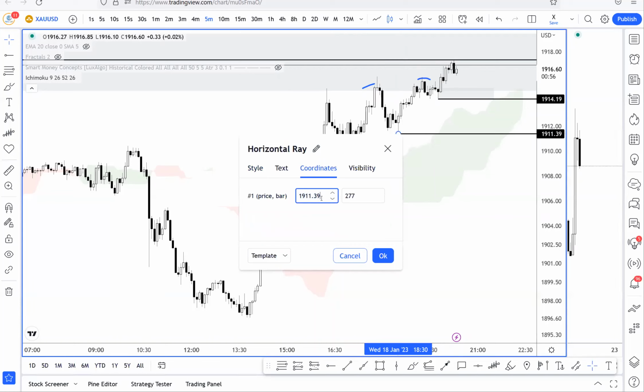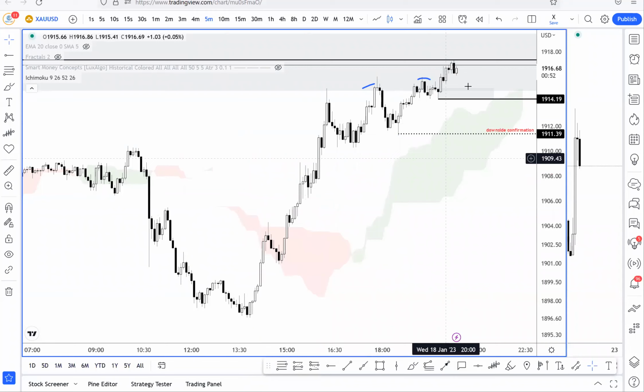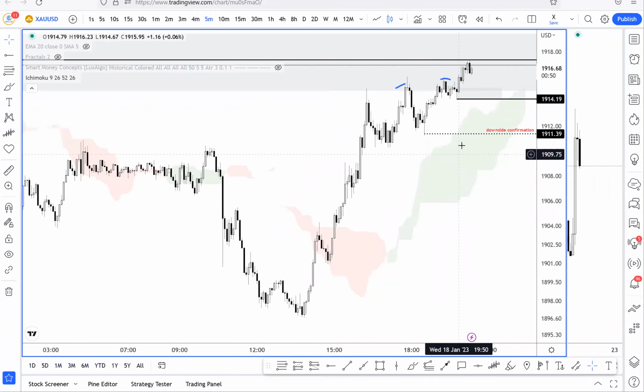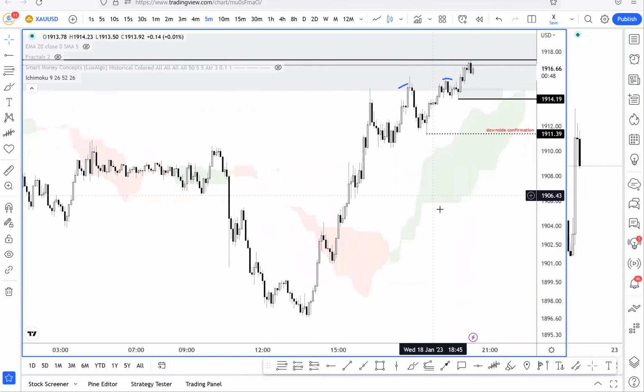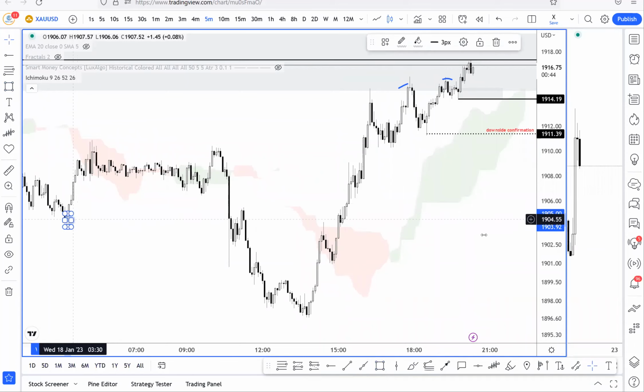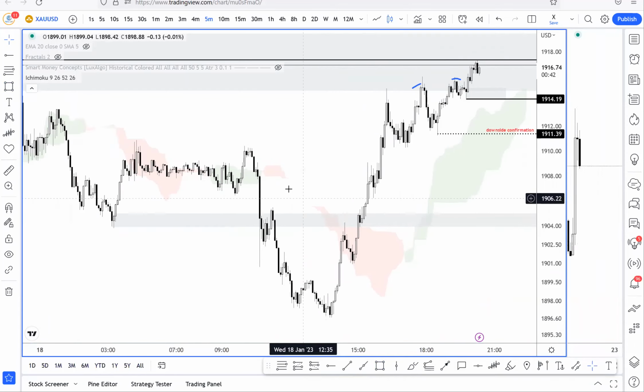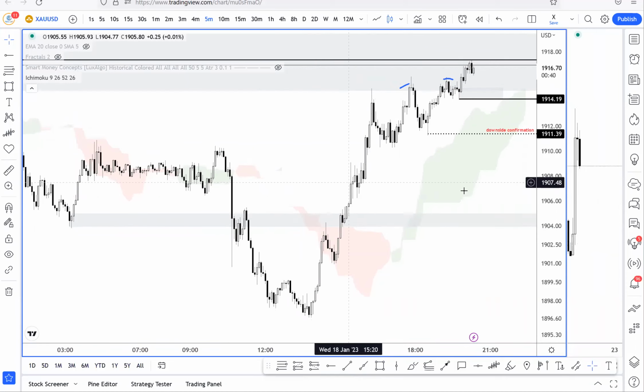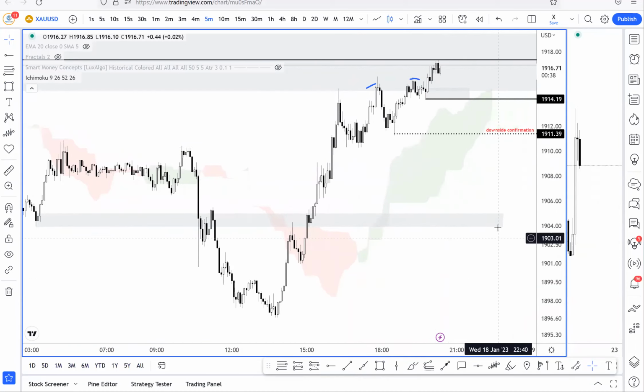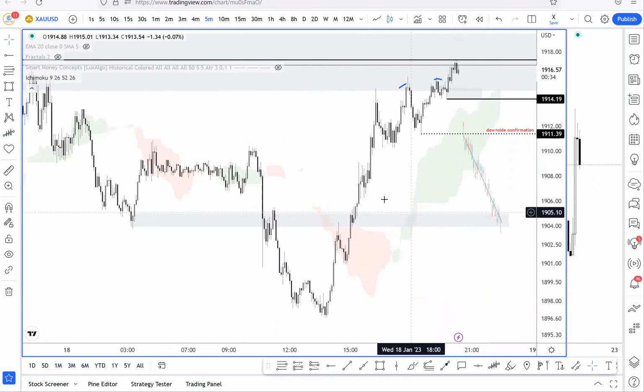Okay, so these are the areas. When price breaks below this level, you can see that the next support region that you can target would be this area here, just in terms of how price reacted to it as both support and resistance. This is on the 5 minutes picture. So if we do see a push down from here, we could be seeing a further push down into this support area.